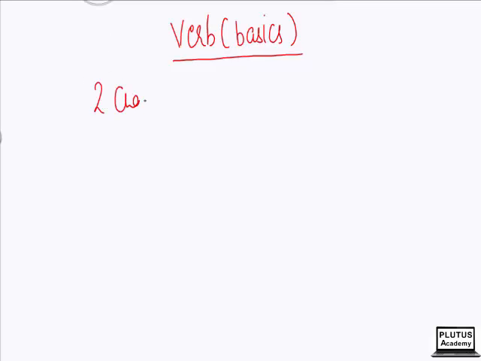Today we'll discuss verbs, and that too verb basics. We'll be discussing verbs in two chapters.